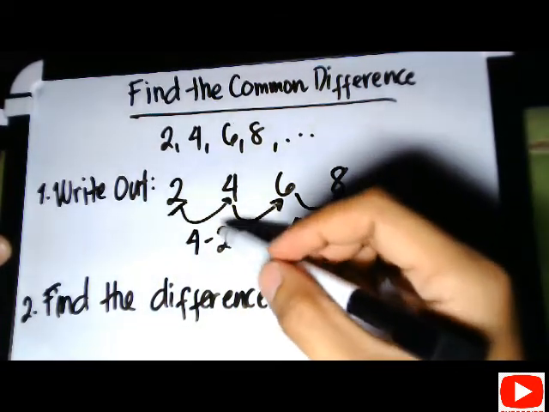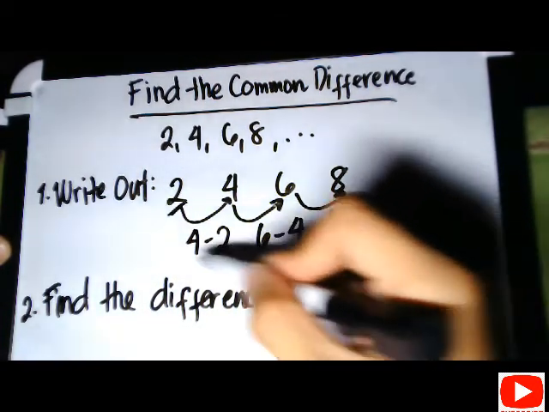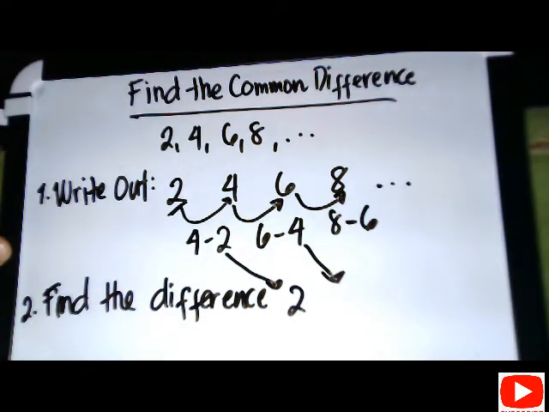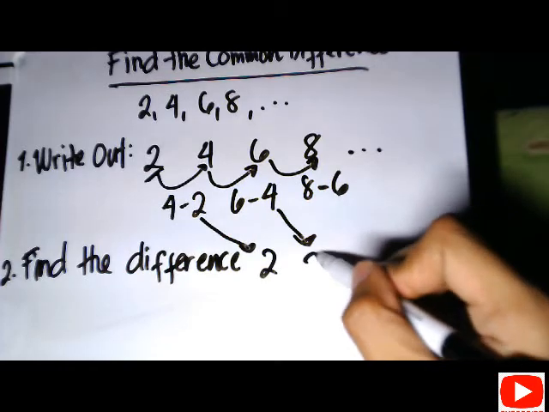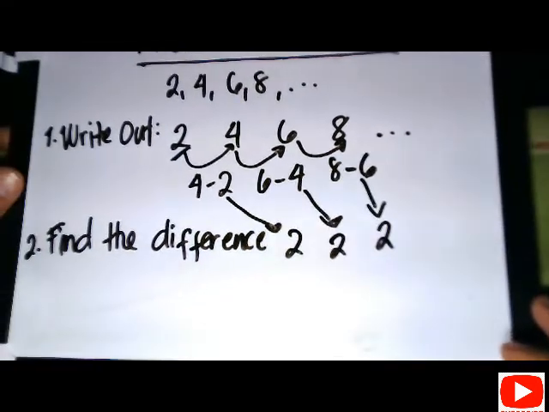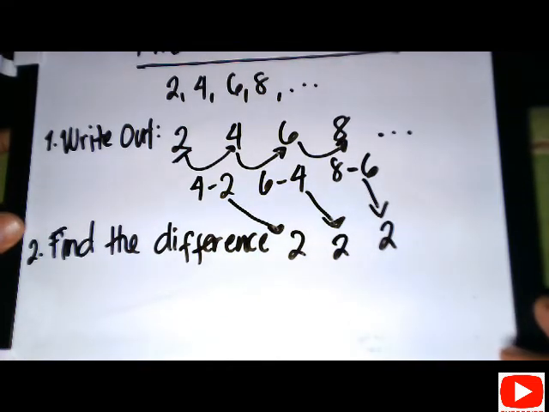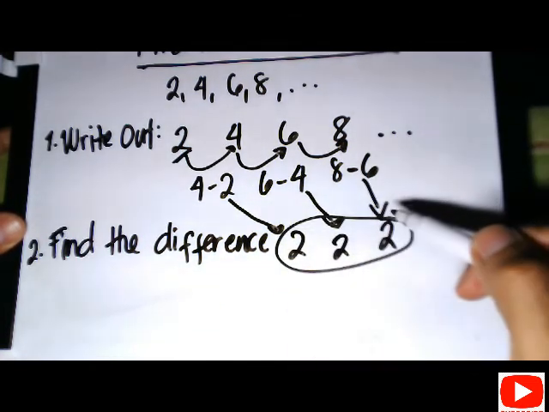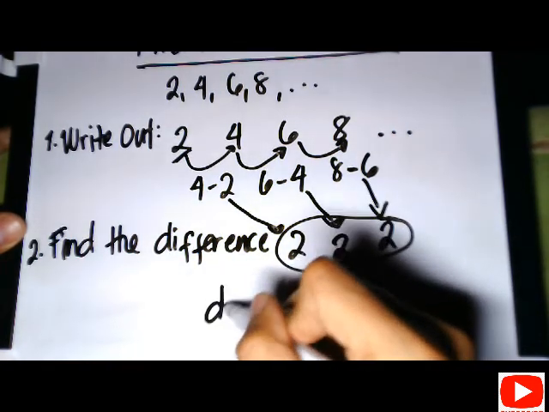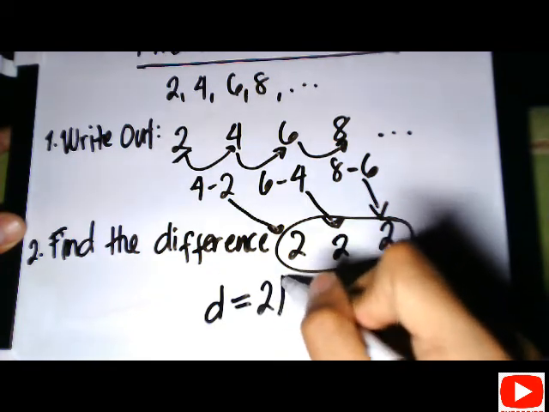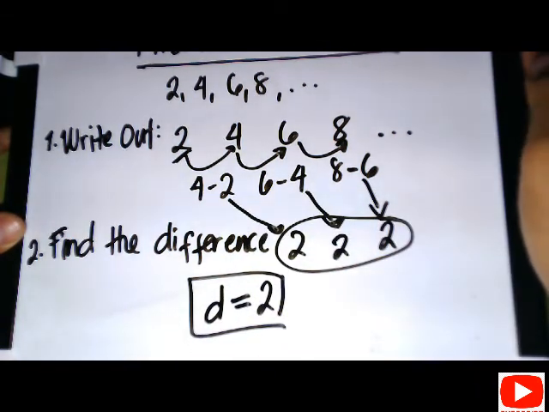So by getting the difference of this, 4 minus 2 is 2, 6 minus 4 is 2, and 8 minus 6 is 2. Therefore, the common difference is 2. And we denote the common difference with the letter D. So the common difference is 2.